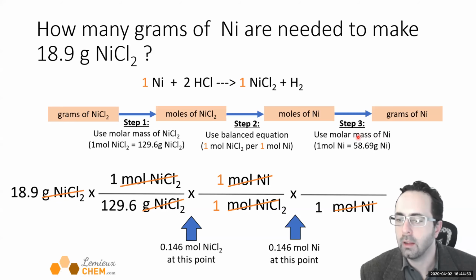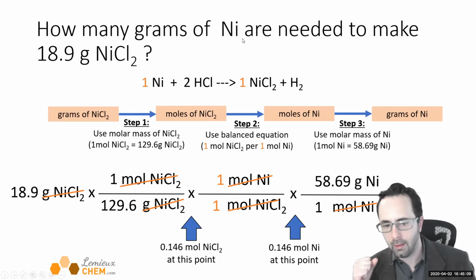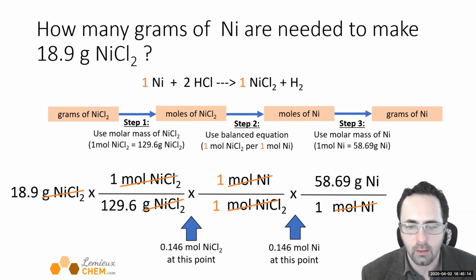And the other side is how many grams a mole of nickel is. A mole of nickel is 58.69 grams of nickel. Boom. And there we go. And finally, we have grams of nickel. That's what we were asked to get, grams of nickel. We are done. All we got to do is punch the whole thing into the calculator.